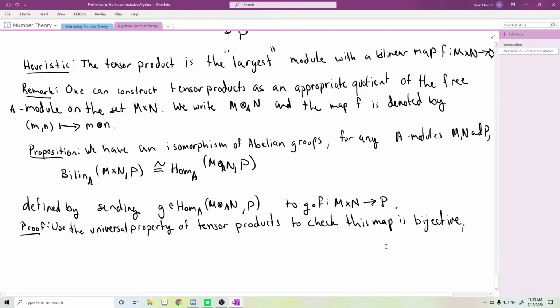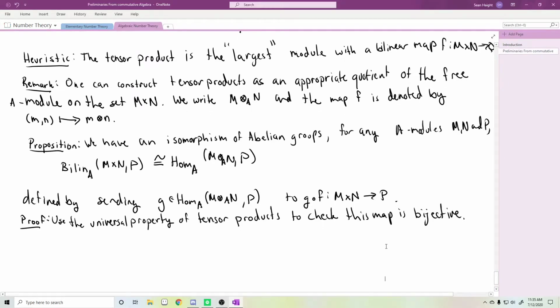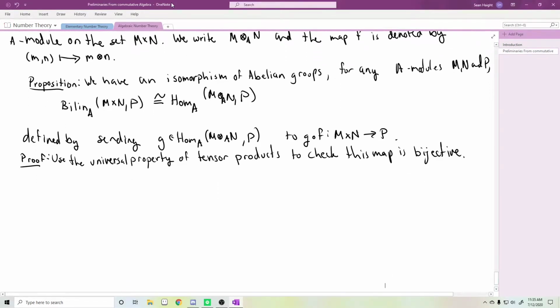This is maybe an easy first exercise that gets you to think about how the universal property of tensor products works.